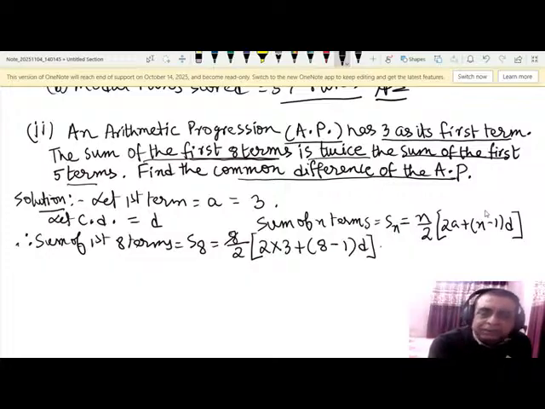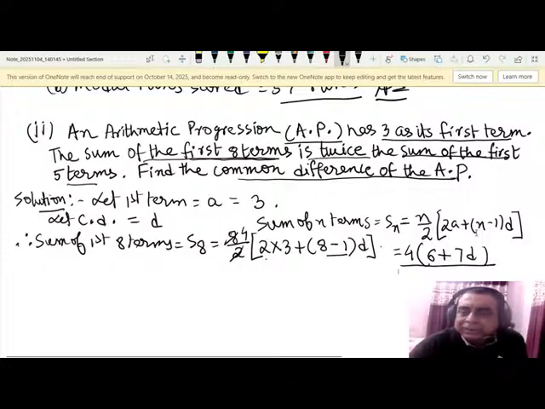So divide 8 by 2, you get 4. So it is 4 times, simplify this. 2 times 3 is 6 plus 8 minus 1 is 7, 7 times d. So 4 times 6 plus 7d. That is the sum of the 8 terms in the form of d.